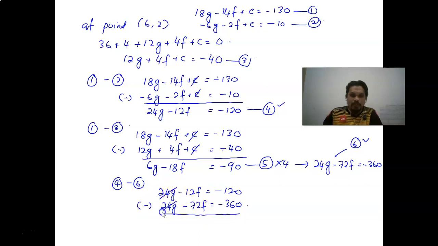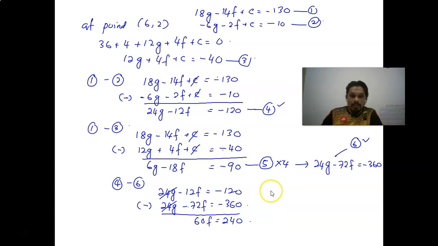24g minus 24g, 0. Negative times negative, positive. So negative 12f plus 72f, 60f, equal to negative 120 minus negative 360, which is 240.